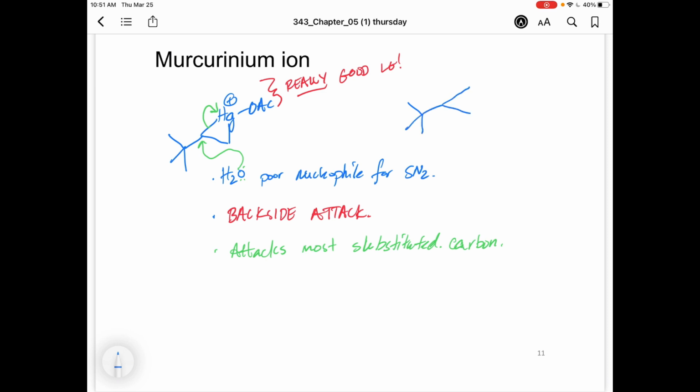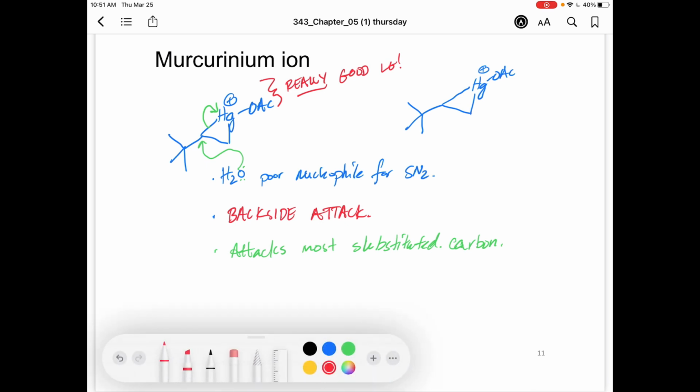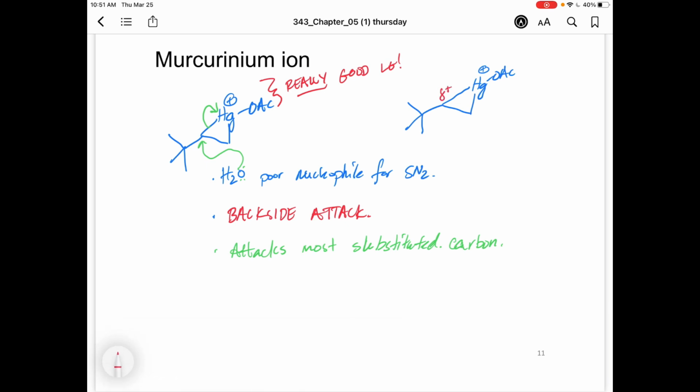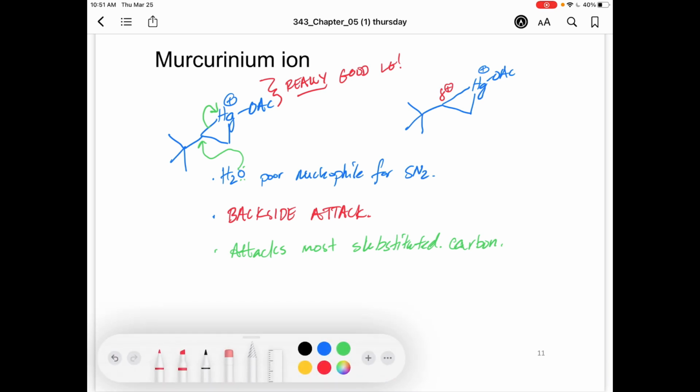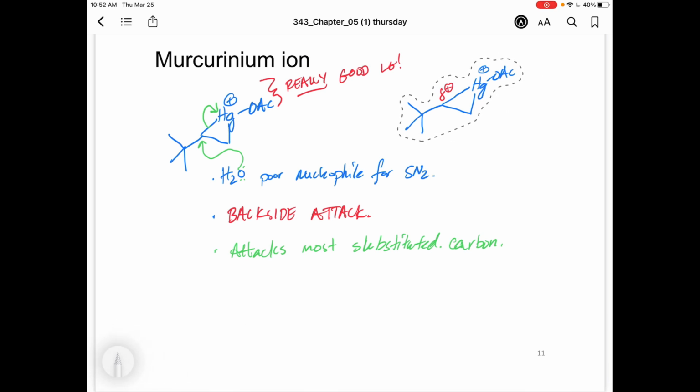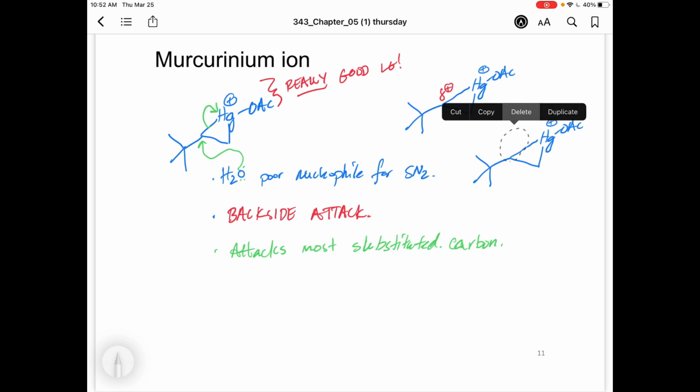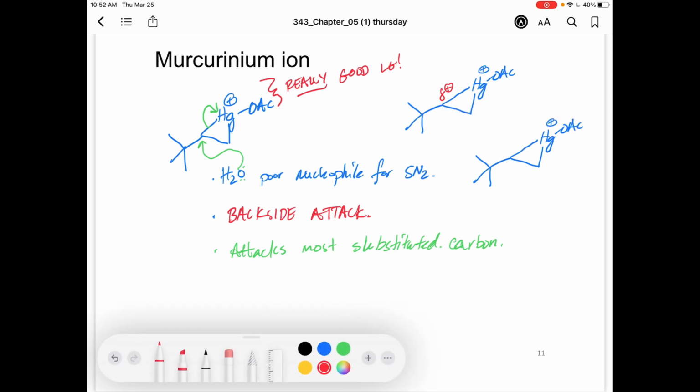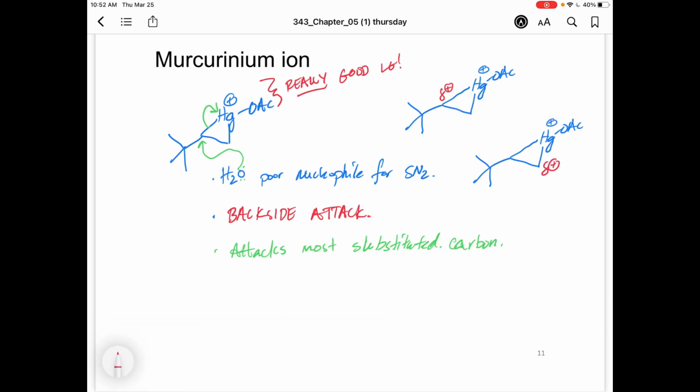Actually, this carbon-mercury bond is a little longer on this side. And when we think about the partial positive charges, if I think about it being on this inner carbon, this would make a lot more sense than if I were to draw it on the other carbon. So let's redraw it and think about this partial positive charge being on the inner carbon.